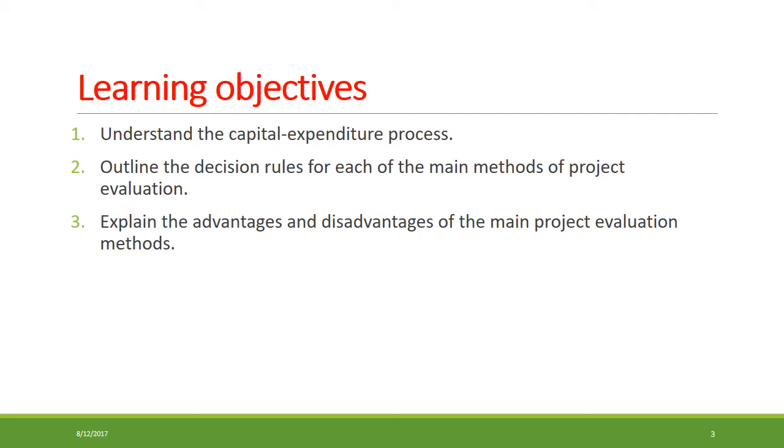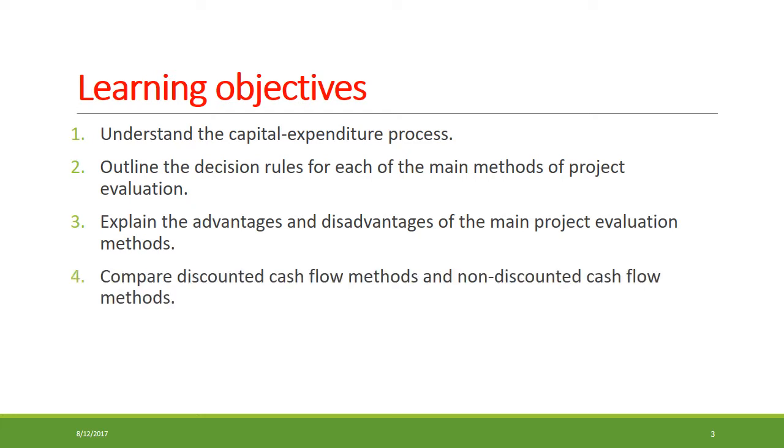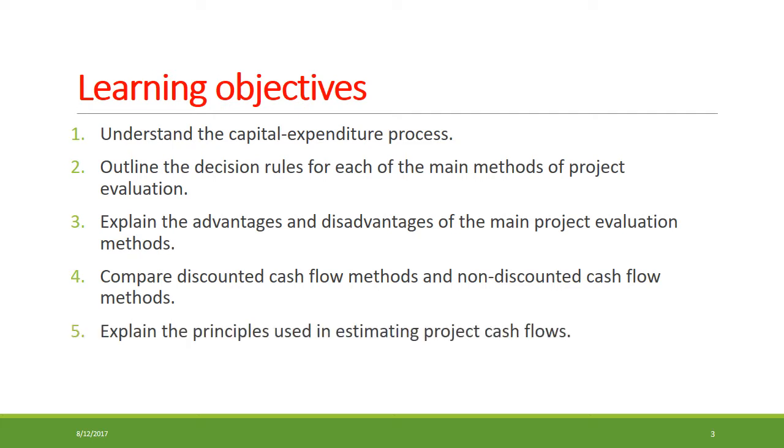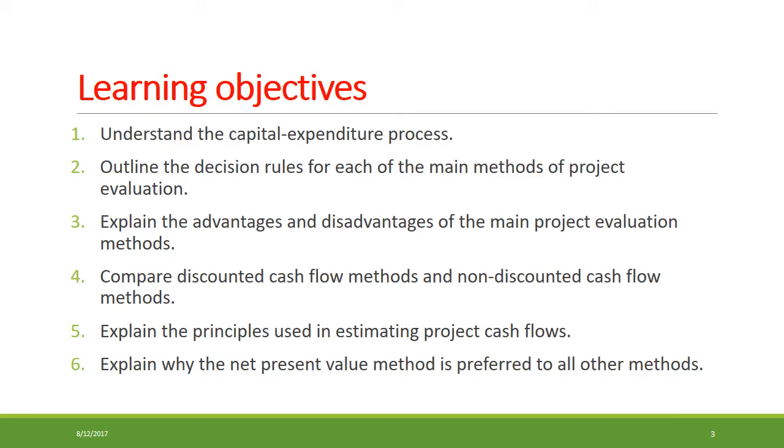We then assess the advantages and disadvantages of different methods. We look at the differences between discounted cash flow methods and non-discounted cash flow methods. We then explain the principles used in estimating project cash flows. And finally, we look at why we tend to prefer the net present value method over the other methods.